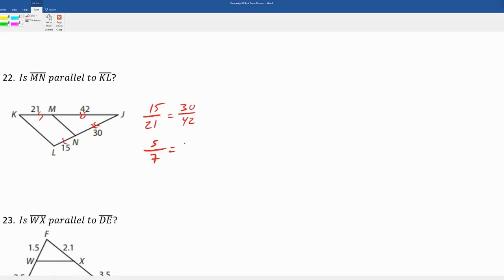Can I do 6? Yes, I can do 6. How many 6s are in 30? 5. How many 6s are in 42? 7. Look at that. They equal each other, therefore MN is going to be parallel to KL, because all the sides are proportional.